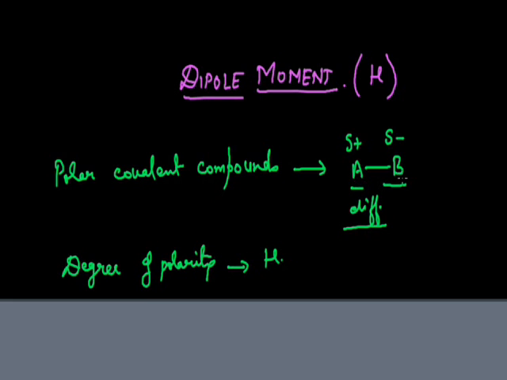Let us again understand this by taking the example of the HCl molecule. In HCl, H and Cl undergo sigma bond formation by the sharing of electrons.